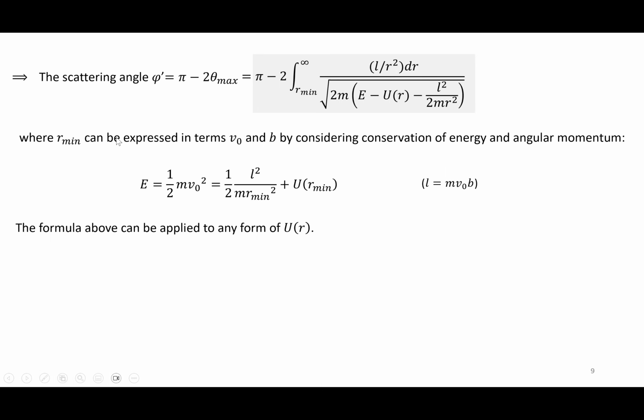So the initial energy is 1/2 m v0 squared, and the potential energy is 0 because it was infinitely far away. Now, as it gets to the closest point to the force center, which is point P, the total energy of the particle is given by this.